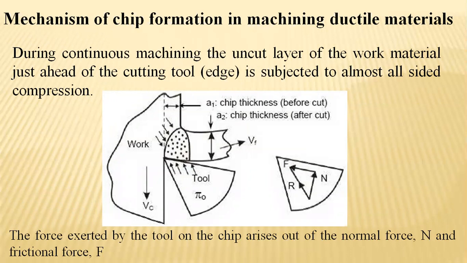See here, during the continuous machining process, the uncut layer of the work material lying just ahead of the cutting tool is subject to side compression. The material is removed by the force produced by the tool, maintaining an oblique condition, less than 90 degrees, and hence it comes under the oblique range of cutting.